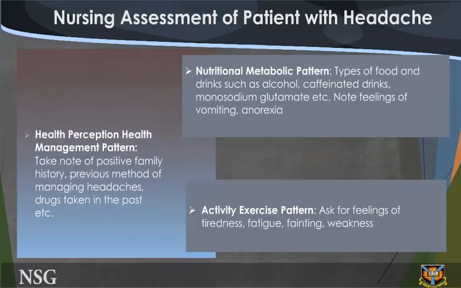Health perception, health management pattern: take note of positive family history, previous method of managing headaches, drugs taken in the past, etc. Nutritional metabolic pattern: types of food and drinks such as alcohol, caffeinated drinks, monosodium glutamate, etc. Note feelings of vomiting, anorexia.